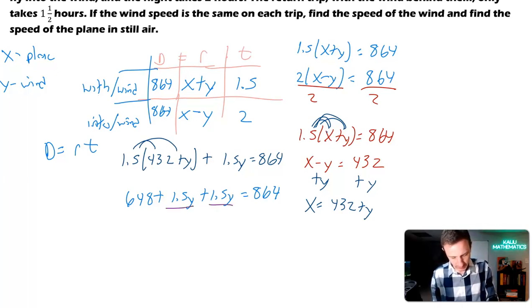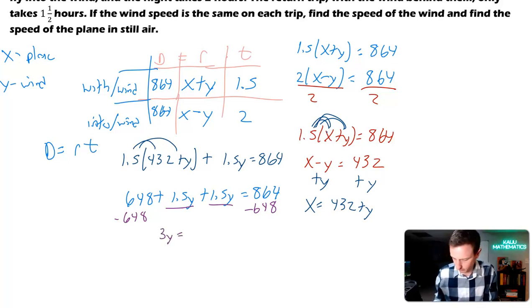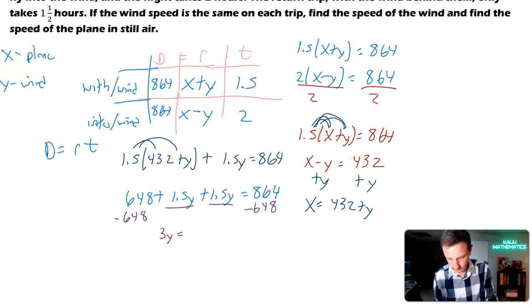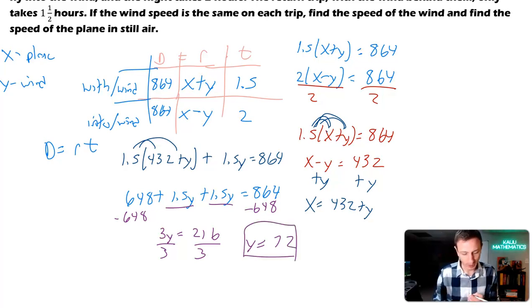Two things, I'm going to combine these together. 1.5 plus 1.5 is 3. Then I'm also going to subtract 648. So I get 3y equals 864 minus 648 is 216. Divide by 3, 72. So y is 72.